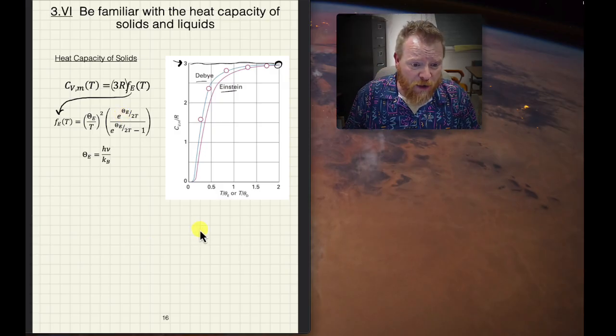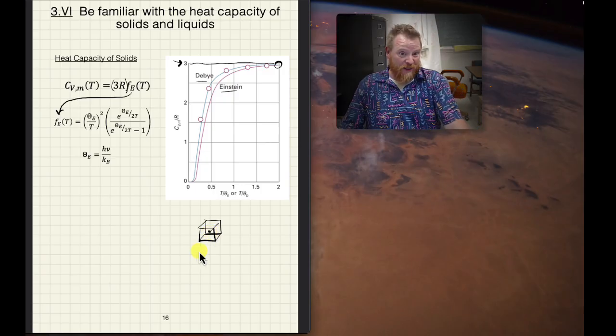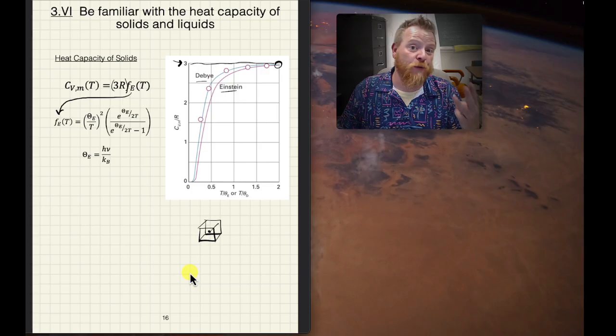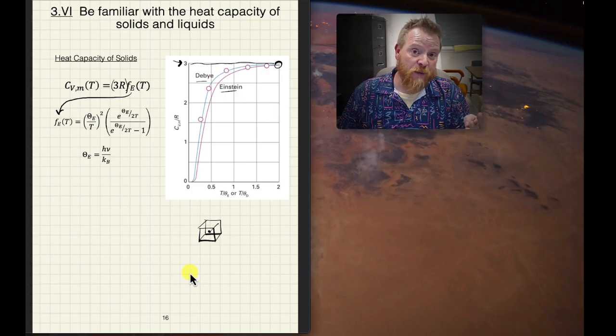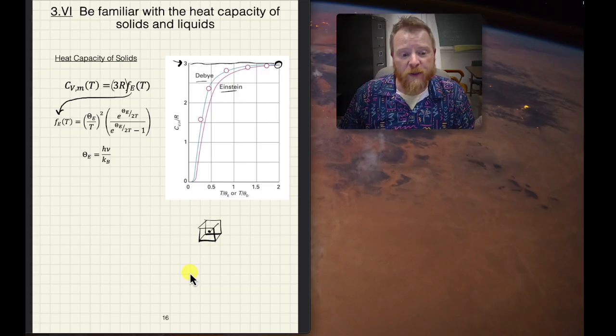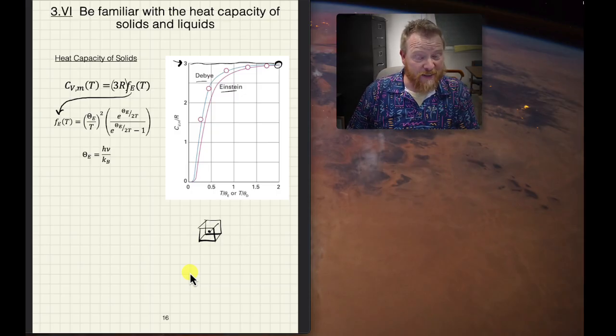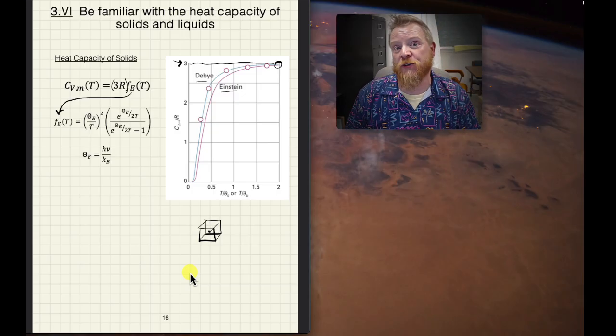Well, if we think about our solid, and here I'm going to draw a really crude example of a unit cell, so suppose I have just some very simple looking unit cell, right? Well, we know that there are three dimensions in which it could move, x, y, or z. And as it turns out, because it's locked into this lattice, these are not translational degrees of freedom.